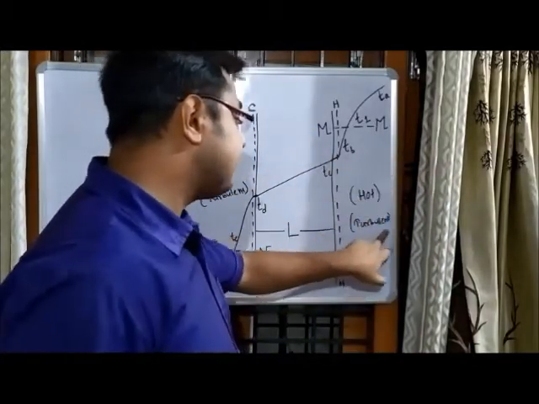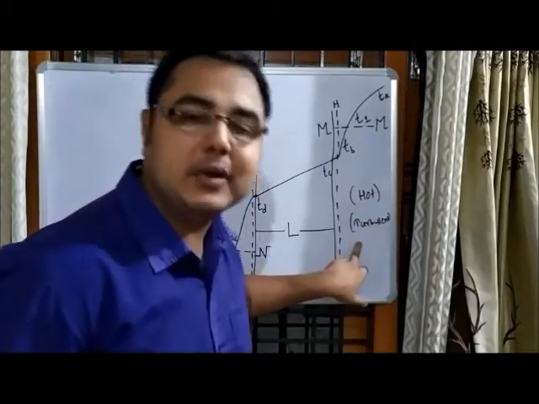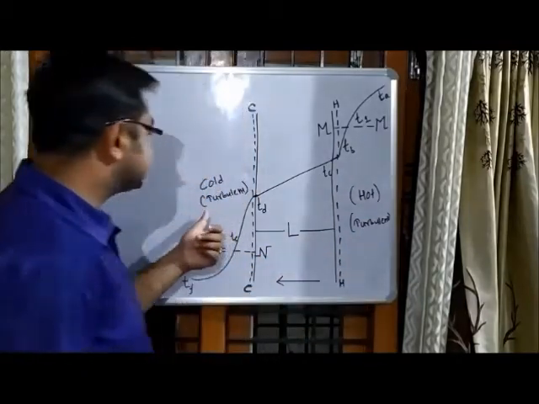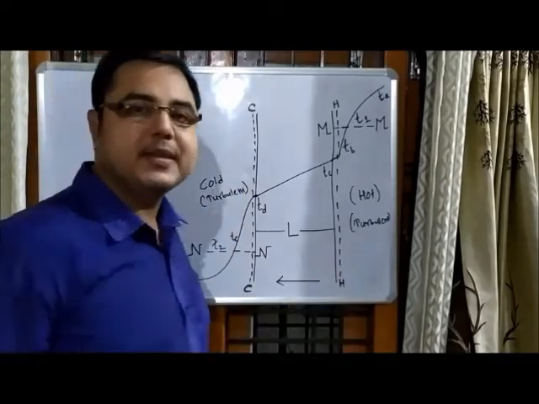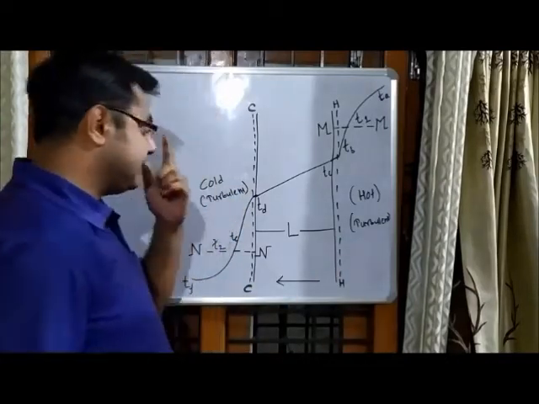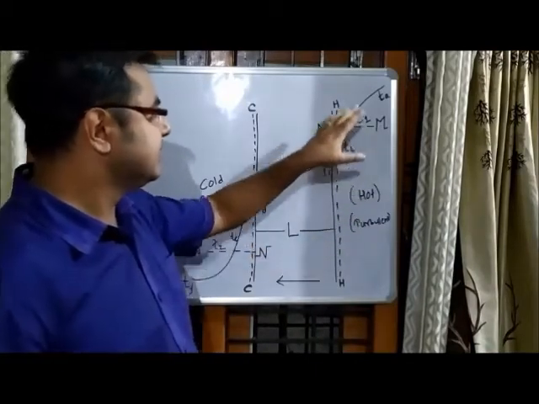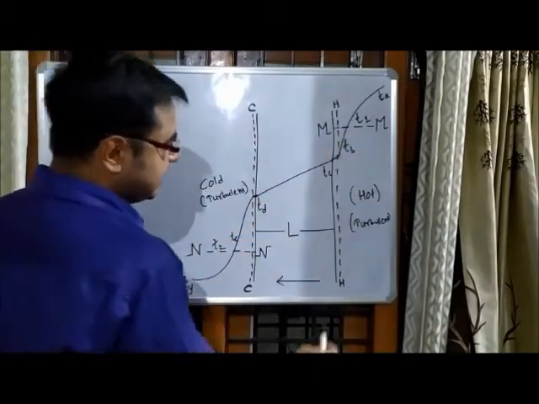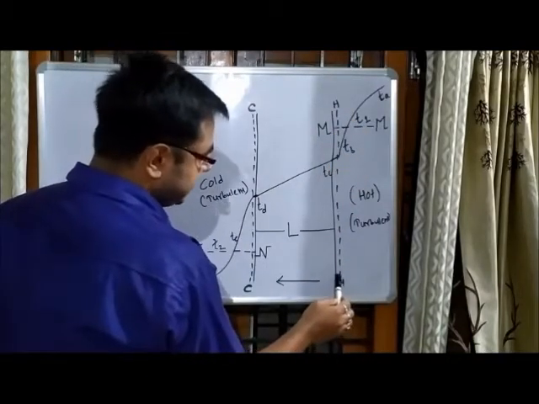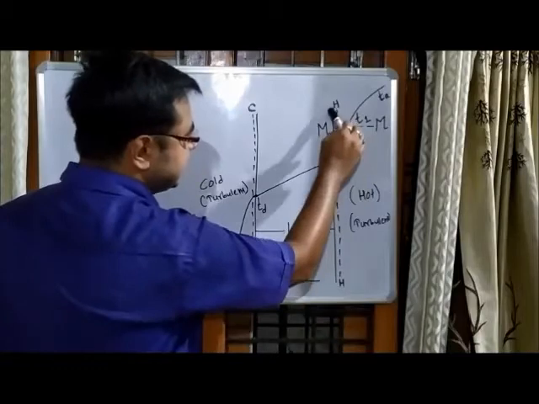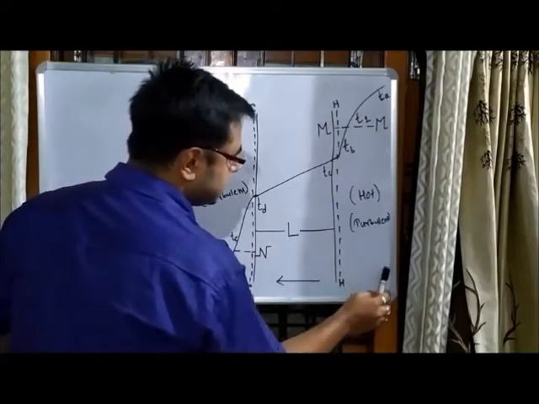Here also the fluid is flowing in a turbulent motion. This is the cold part. Here also the fluid is flowing in a turbulent manner. Now in the hotter part there are phases. This is the interface which has been formed between the metal layer and the water fluid.